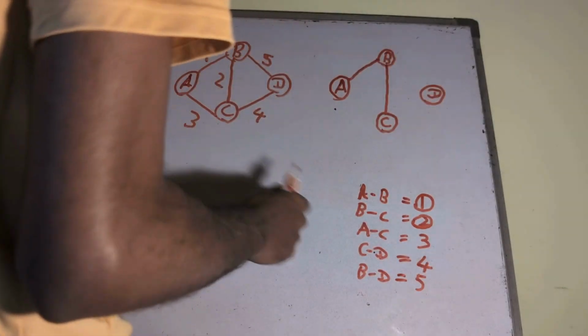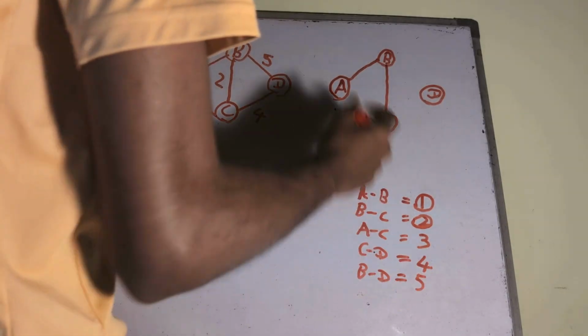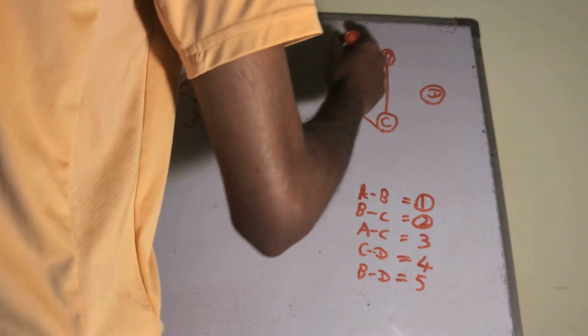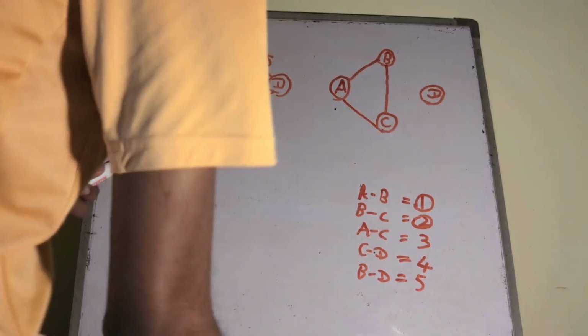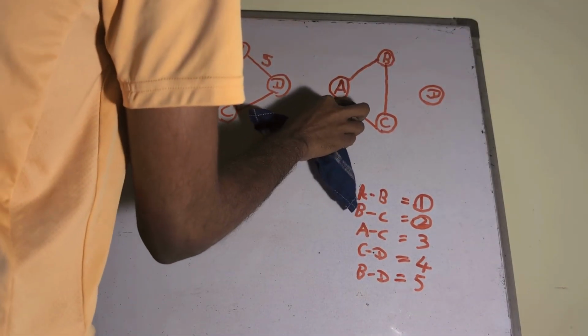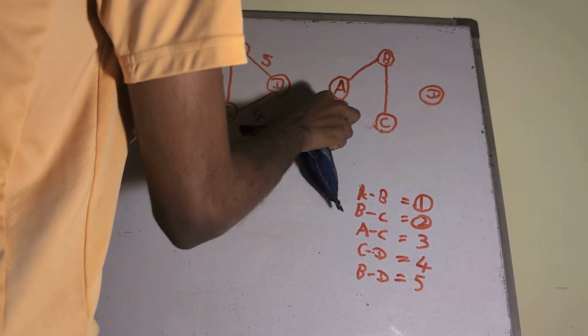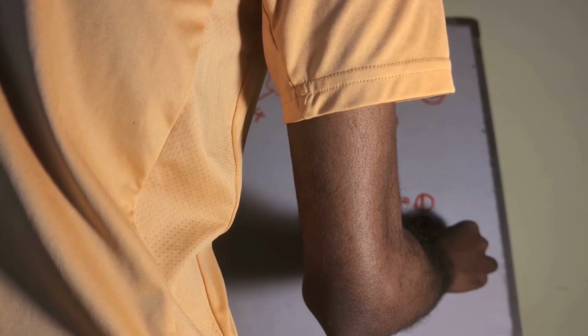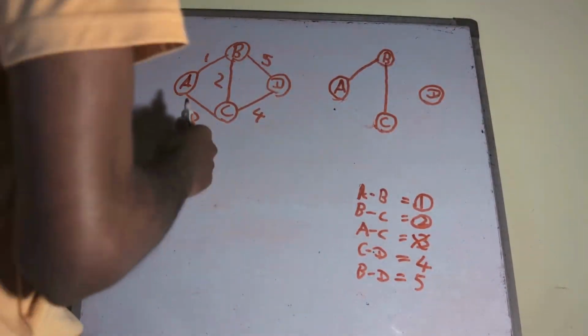Next is AC, which is 3. We cannot use the 3 here because a cycle is created, so we cannot use AC.